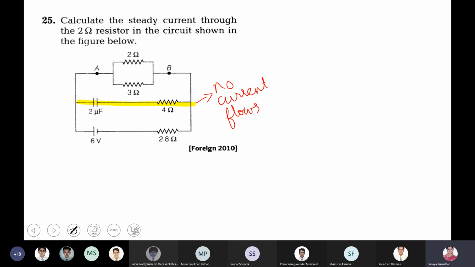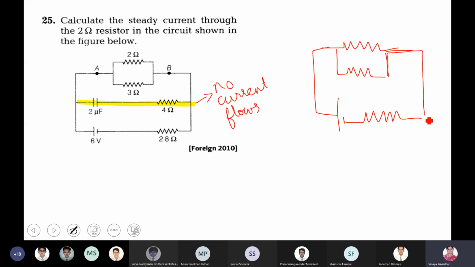Now your circuit turns out to be like this. It is only this much you have. Now this becomes a simple circuit. This is 2.8 ohms, this is a simple 6 volt, then this is 2 ohms and this is 3 ohm.